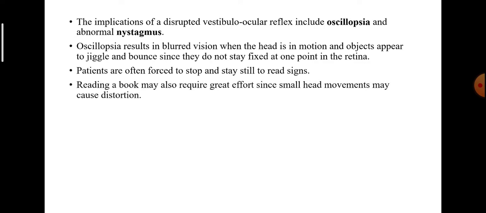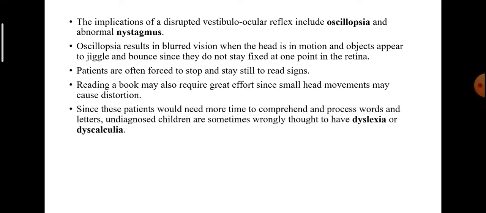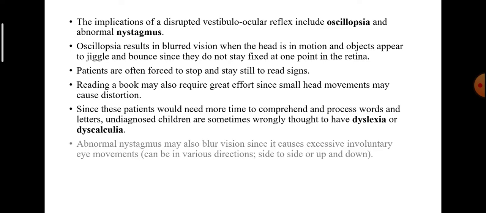Reading a book may also require great effort since small head movements may cause distortion. Since these patients would need more time to comprehend and process words and letters, undiagnosed children are sometimes wrongly thought to have dyslexia or dyscalculia.